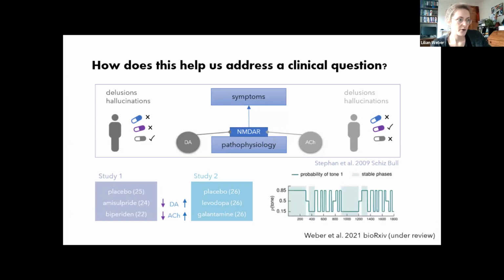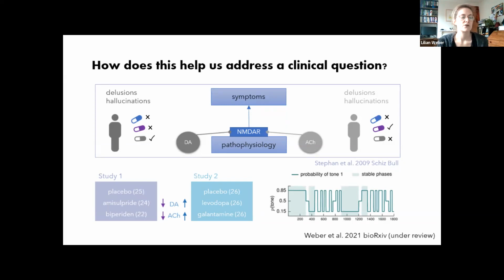And then to follow up on what we saw in the ketamine study, we used a new paradigm with just two tones, where one tone serves as the standard and the other one is the deviant, but the roles switch across the experiment, and I manipulated the speed at which these switches occur. So in some phases, the underlying rule in the tone sequence was very stable, and then in other phases it was more volatile.